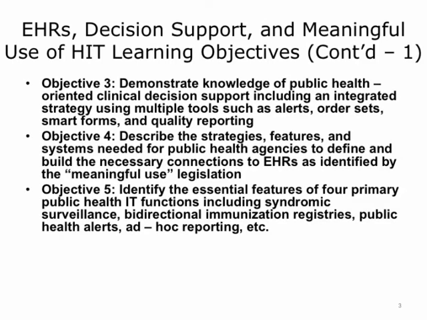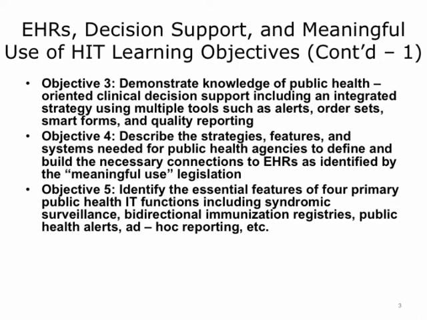The learning objectives for the public health-enabled electronic health records, decision support, and their role in the meaningful use of healthcare technology unit are: Number 1. Demonstrate knowledge of public health-oriented clinical decision support, including an integrated strategy using multiple tools such as alerts, order sets, smart forms, and quality reporting. Number 2.